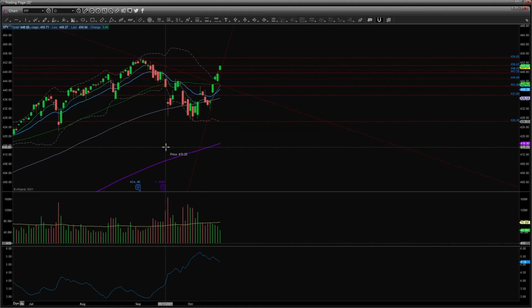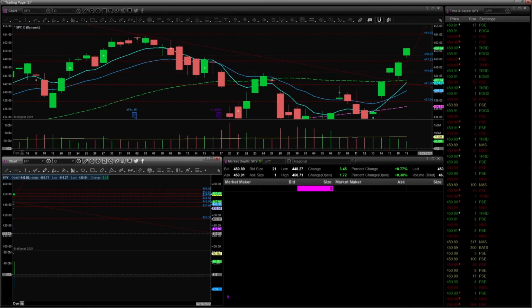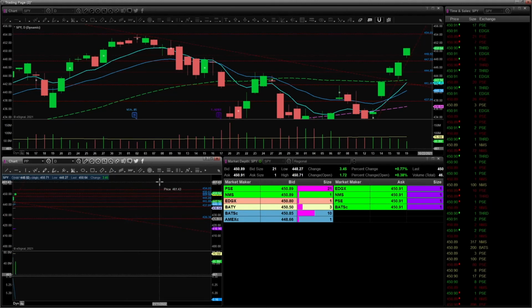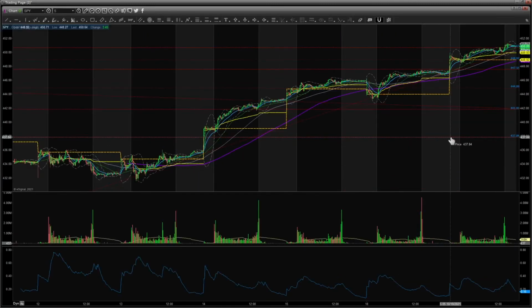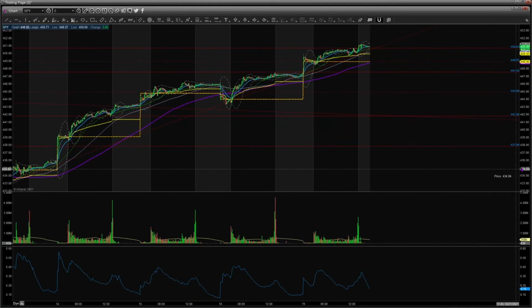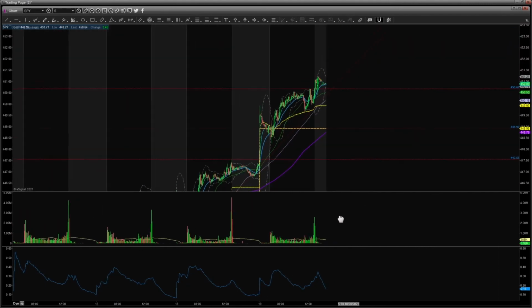It might not be as exciting because you're not doubling or tripling or quadrupling your money in a matter of seconds to minutes, but you are taking lower risk trades, and you can predict the price action much better by using your pivots. So this says PP, but it's actually SPY. Yeah, so those are my ideas on how to trade the SPY if you're day trading or if you're using it for volatility trades.